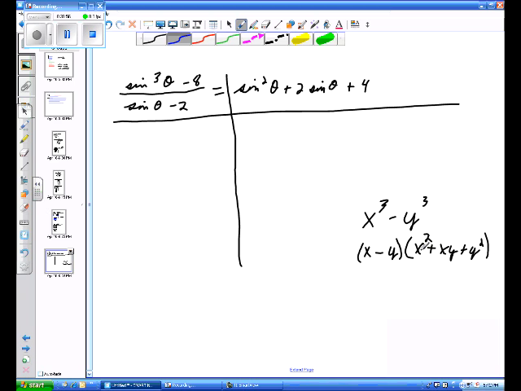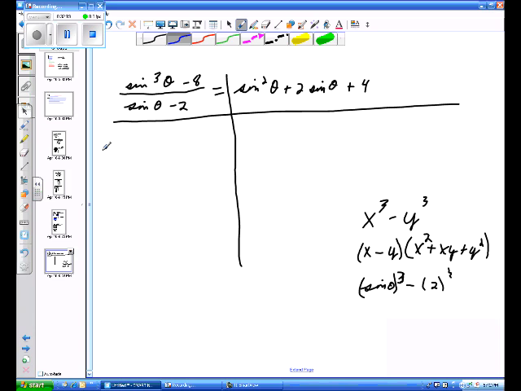If this were a plus, then we would have a plus here and a minus here. And so this is in that form. This is sine theta cubed minus 2 cubed, since 8 is 2 cubed. So we can factor it.